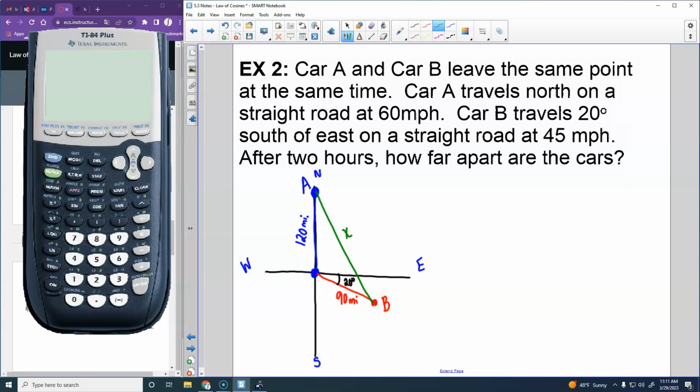Now, this only works if Liam has stopped. So he has stopped here either to steal a new car so that they don't know his vehicle, or to get a snack. We're not sure why he is stopped, but he's stopped right here. So we want to know how far the helicopter would have to go to get back to him.